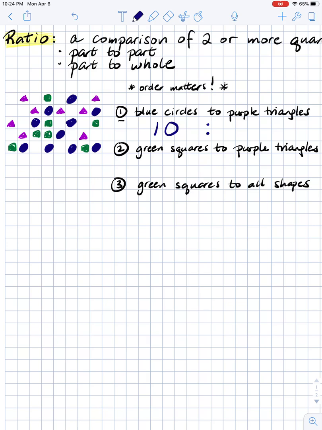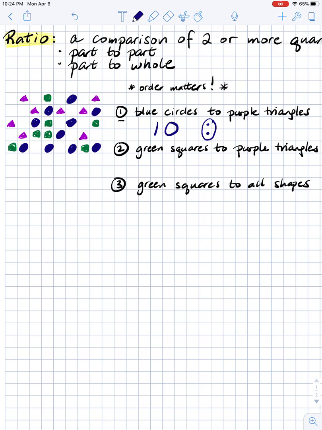Now, the preferred way to express a ratio is the colon method or the dot dot method, as I call it. The word TO is often used as well. Sometimes you'll see it expressed like a fraction, but get into the habit of using the colon method in terms of expressing ratios.